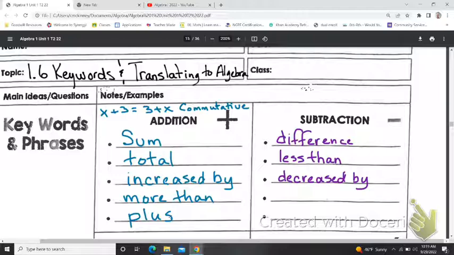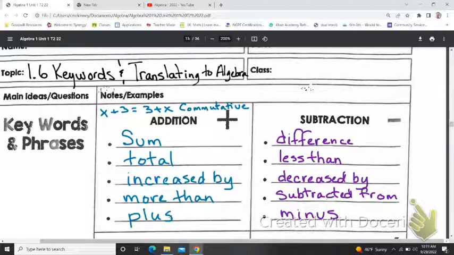We might see subtracted from. We'll talk a little more about subtracted from in a few minutes. Also less than. And we might just say minus. Right.